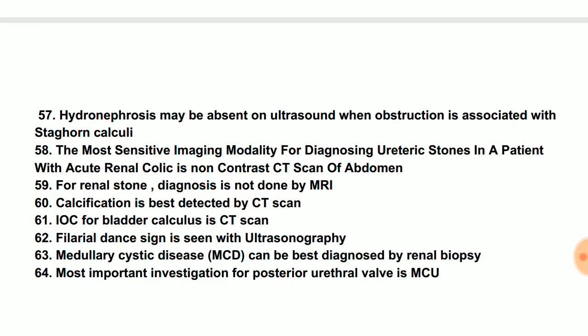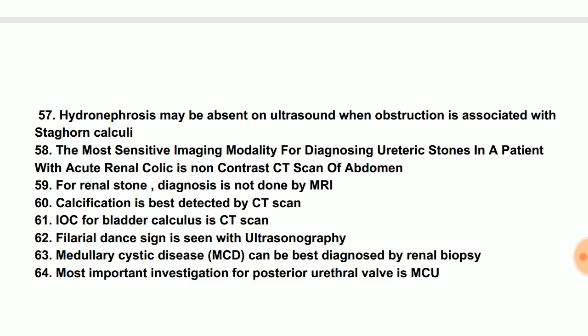So hydronephrosis may not be detected if the obstruction is due to staghorn calculus.